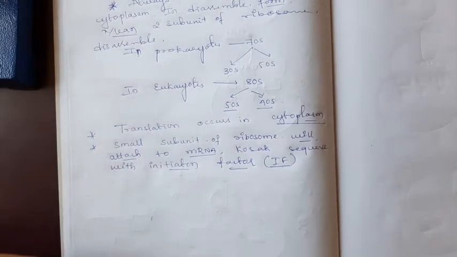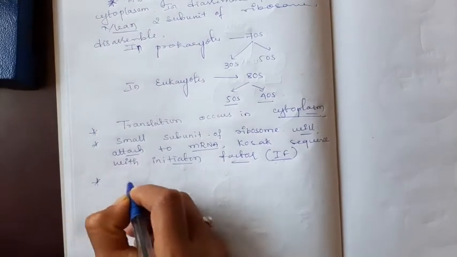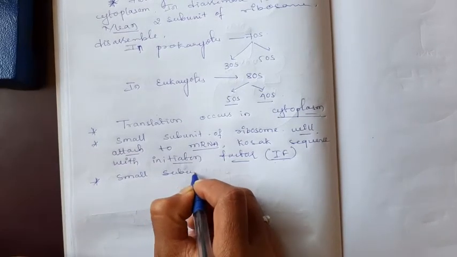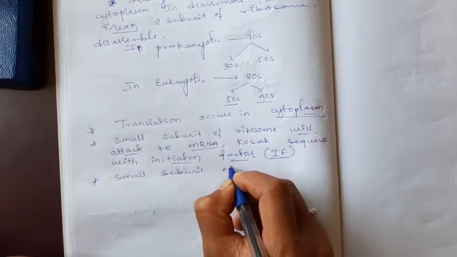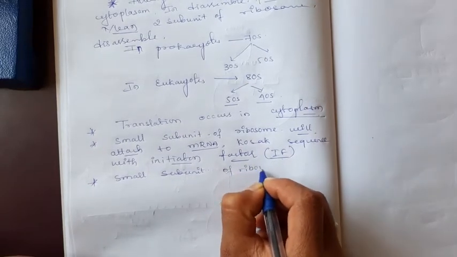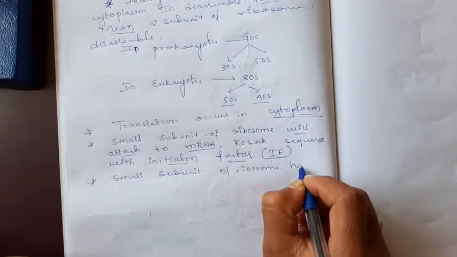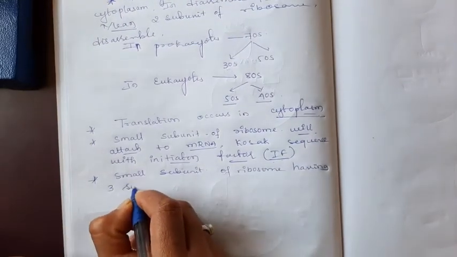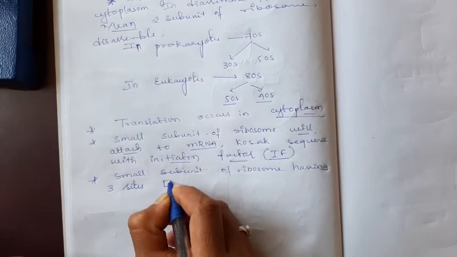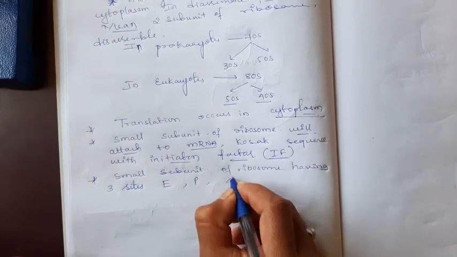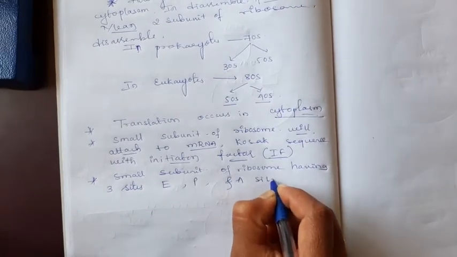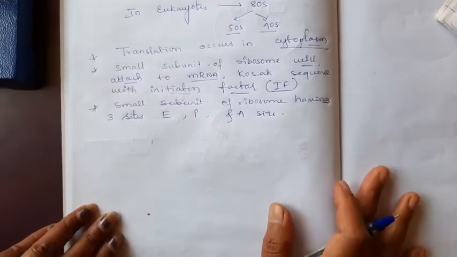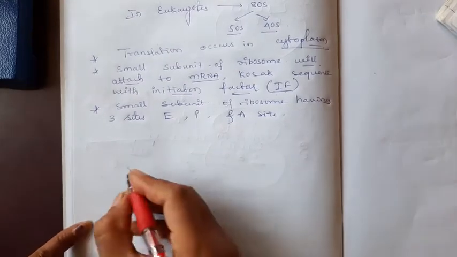Okay, the small subunit of the ribosome has 3 sites: E, P and A site. I will draw the diagram, then you can understand easily.